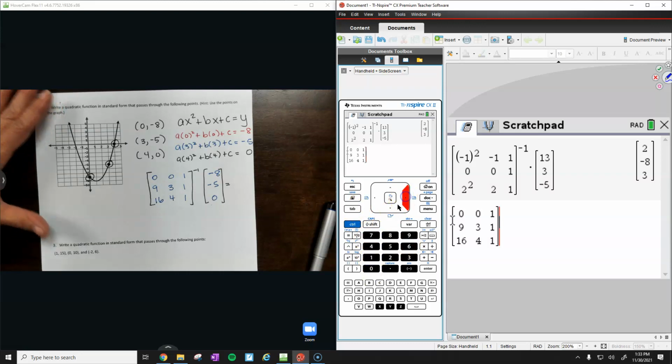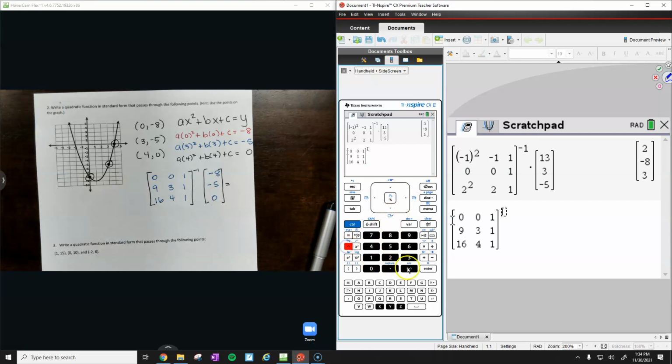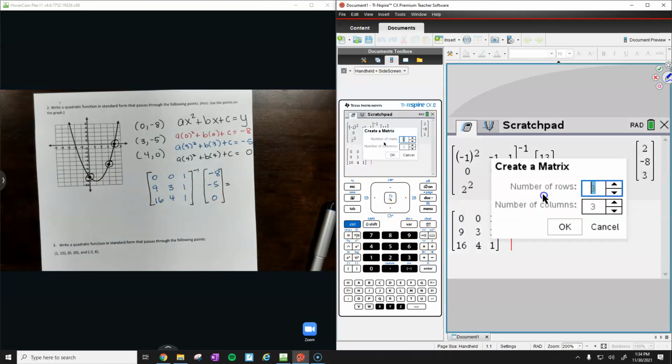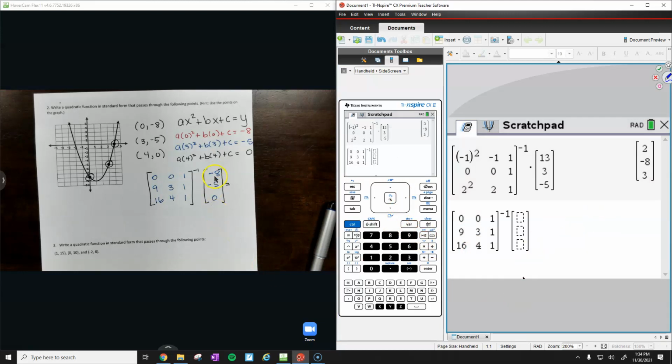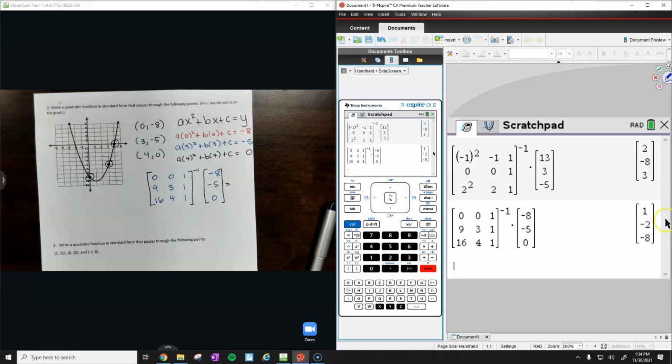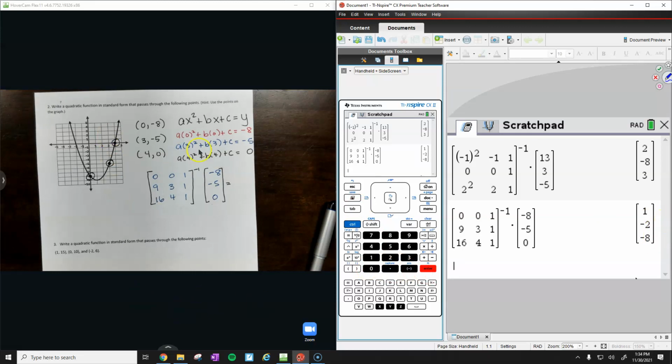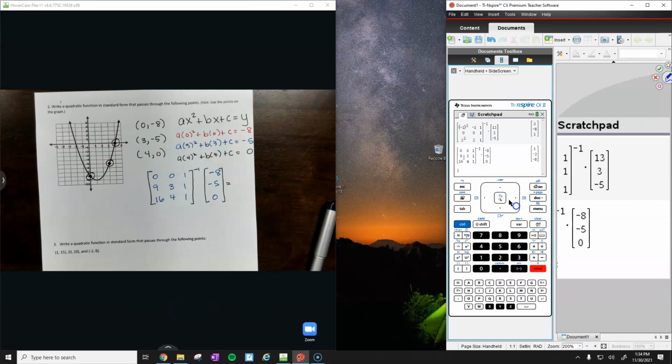Don't forget, you got to raise that to the negative first power. Get out of exponent mode, go right back to a fraction template. But remember, we only need one column this time. And the negative 8, the negative 5, and the 0 are going to get dropped in there. Negative 8, negative 5, and 0.